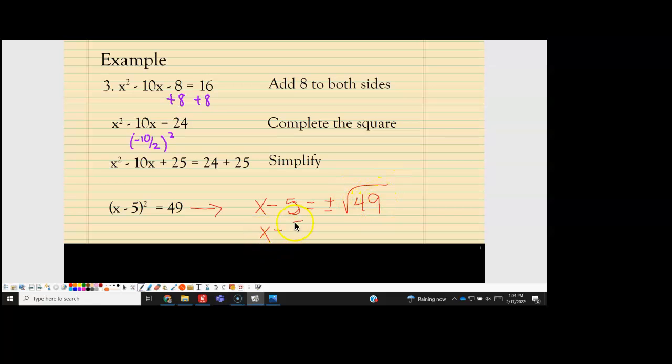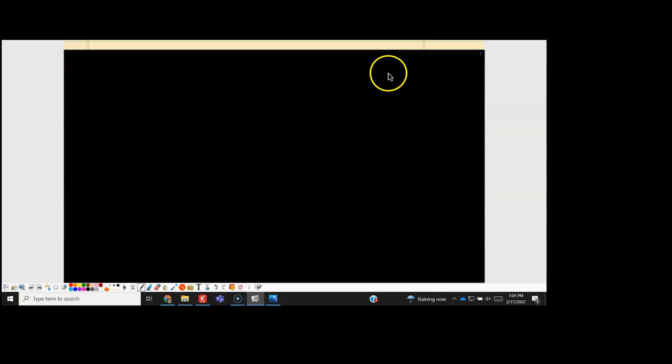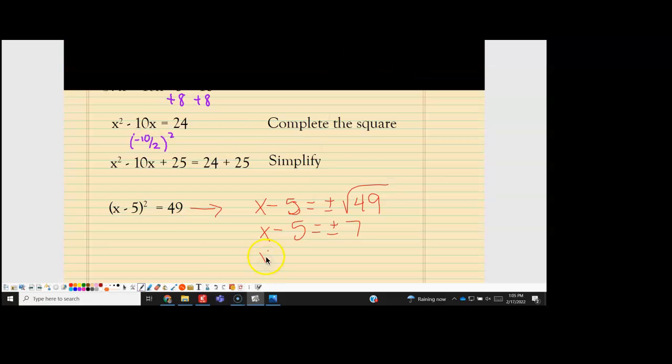So you get x minus 5 equals plus or minus 7. So then you have to do x equals 5 plus 7 and x equals 5 minus 7 to get x equals 12 and x equals negative 2.